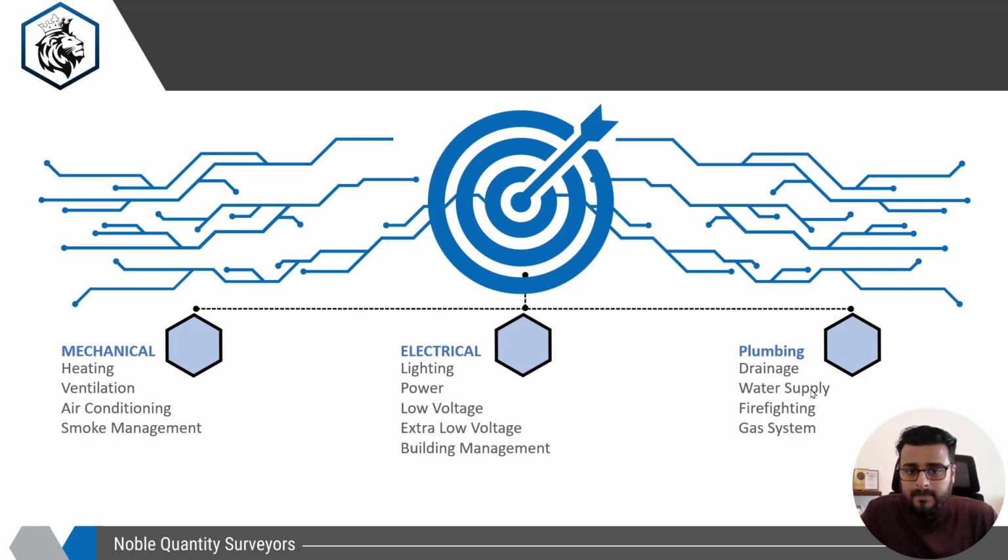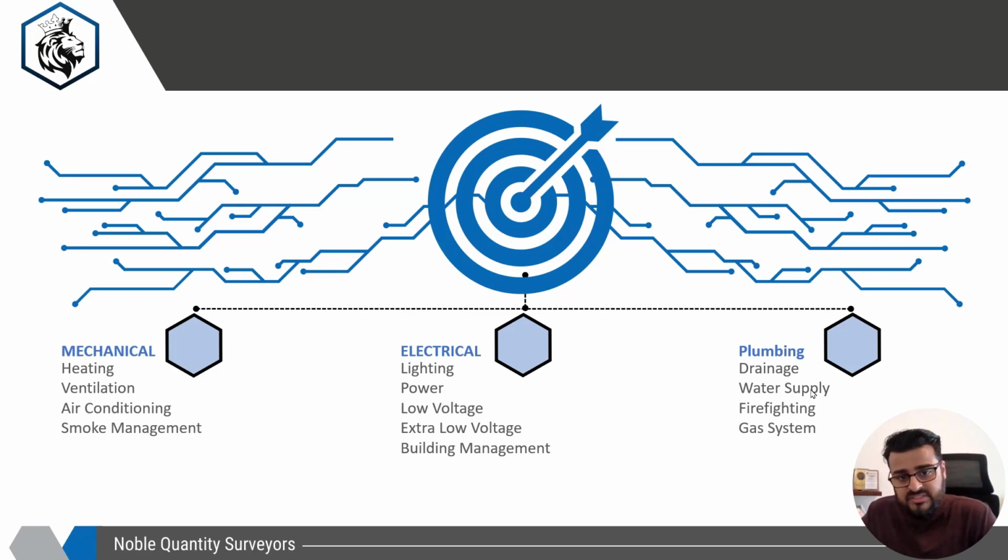What is MEP? When a building is constructed, for human comfort we need MEP works. For every human comfort we need a mechanical system, an electrical system and a plumbing system. A good comfortable temperature is required for the body.